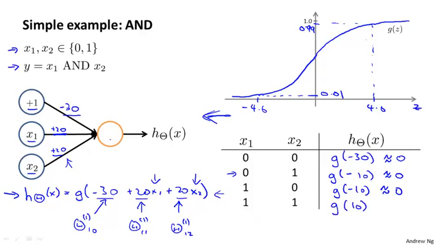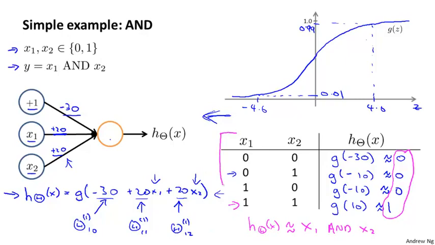So that's g of positive 10, which is therefore very close to 1. And if you look at this column, this is exactly the logical AND function. So this is computing h of x approximately equal to x1 AND x2. In other words, it outputs 1 if and only if x1 and x2 are both equal to 1.